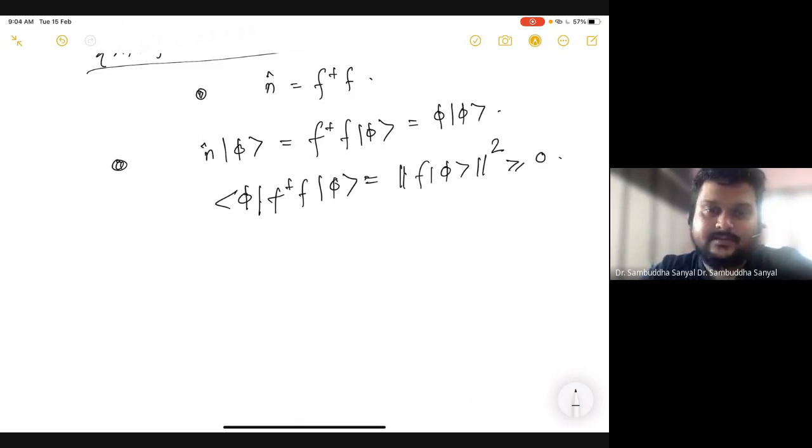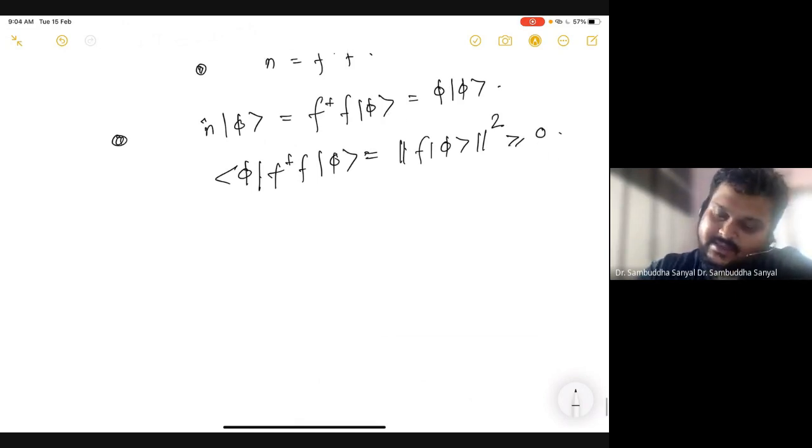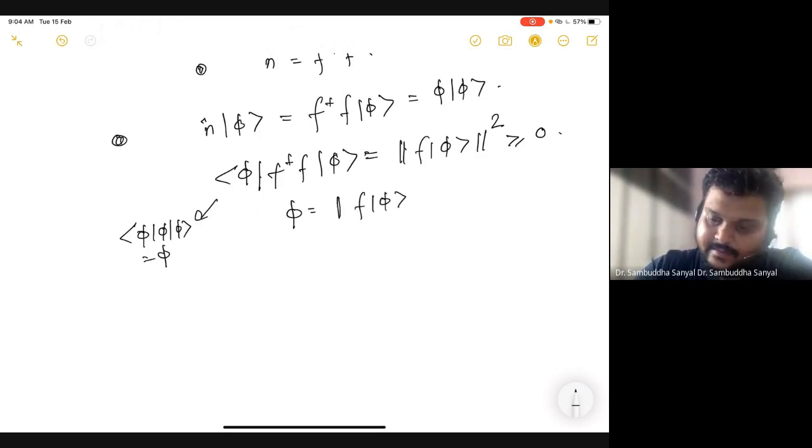Because it's a square, so it has to be greater than 0, just like before. So this is nothing but phi, so it's equal to phi. So phi is mod f phi, 0.